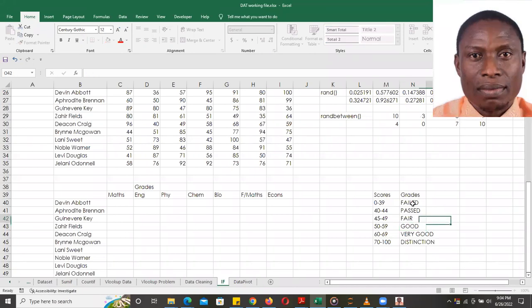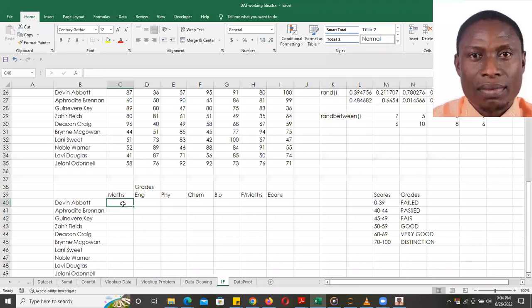Okay, now, the person scores between 0 and 39, failed. If the person scored between 40 and 44, passed. 45 to 49, fair. 50 to 59, good. 60 to 69, very good. And 70 to 100, distinction. Okay, beautiful. Now, let's go.